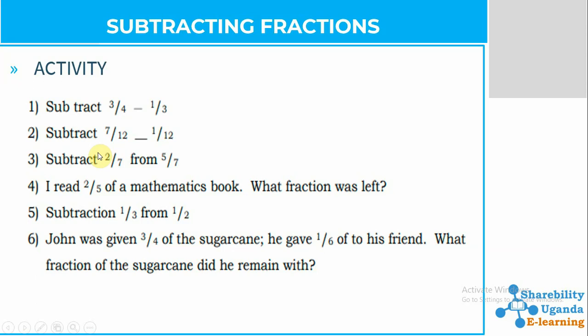Our number two, they are saying we should get 7 out of 12 minus 1 out of 12. Then our question 3 is 2 out of 7 from 5 out of 7.